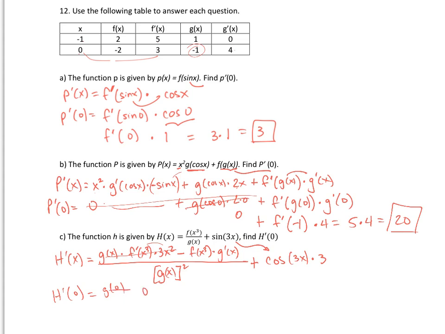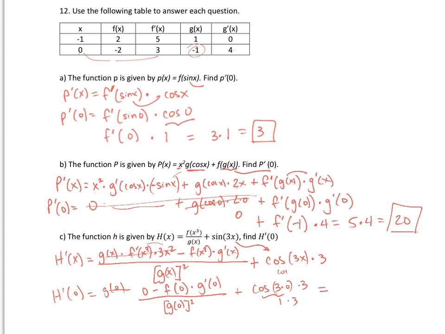So this is going to be 0 minus, on that part, it'll be f of 0, because 0 cubed is 0, times g prime of 0 all over g of 0 squared, plus on here you're going to get the cosine of 3 times 0 times the 3. Cosine of 0 is 1 times the 3.